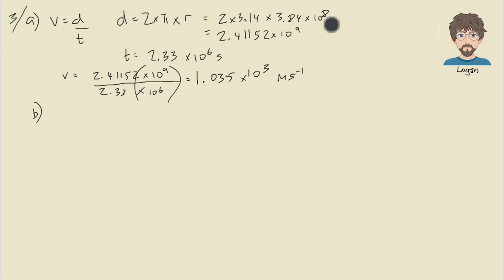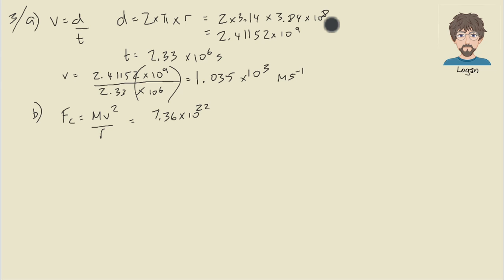Show that the centripetal force keeping the Moon in its orbit is 2.04 times 10 to the 20. Well, let's have a look. Centripetal force. What's your equation? F_c equals m v squared over r. The mass of the Moon is 7.36 times 10 to the 22.